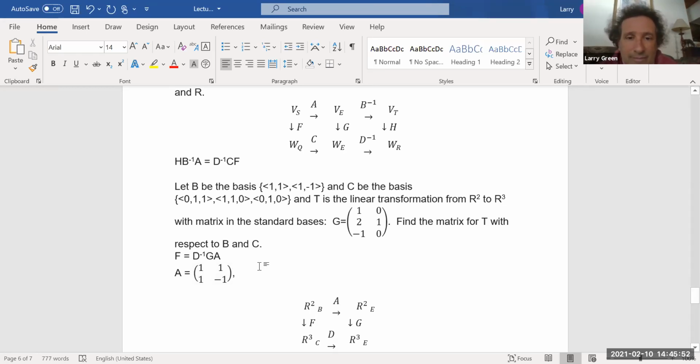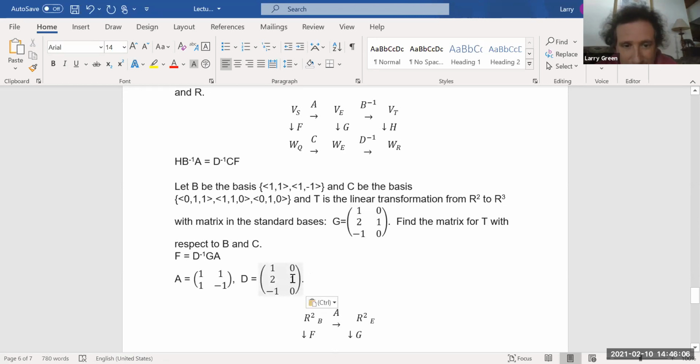Now we also need D, and then we'll take its inverse. Just to make the typing easier, copy this one, get rid of everything, and add in a column.